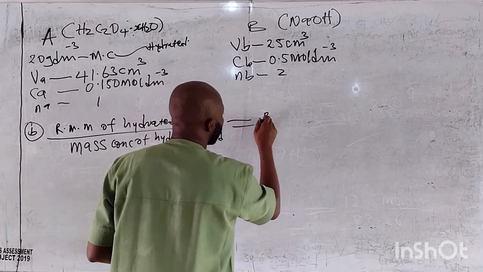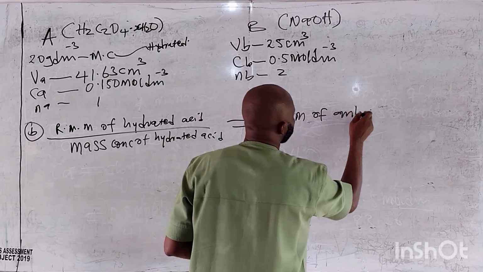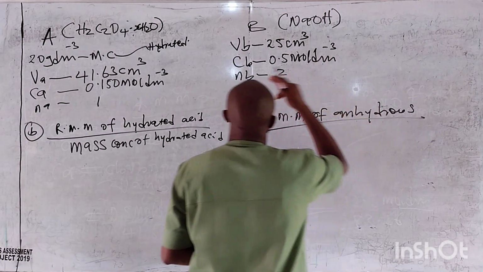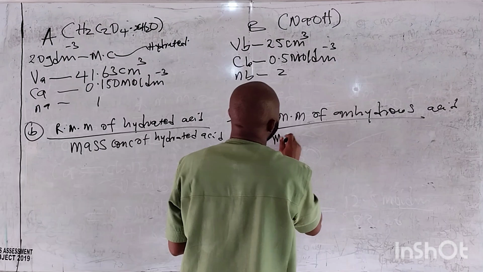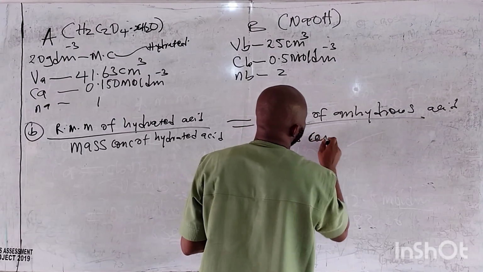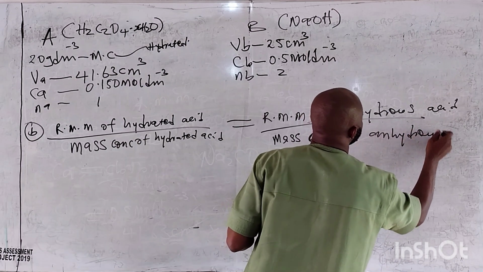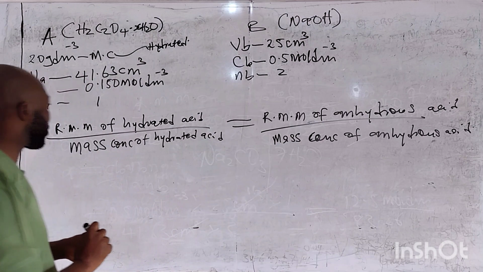This is equal to the relative molecular mass of the anhydrous acid over the mass concentration of the anhydrous acid. Now the acid crystals means it contains water of crystallization.